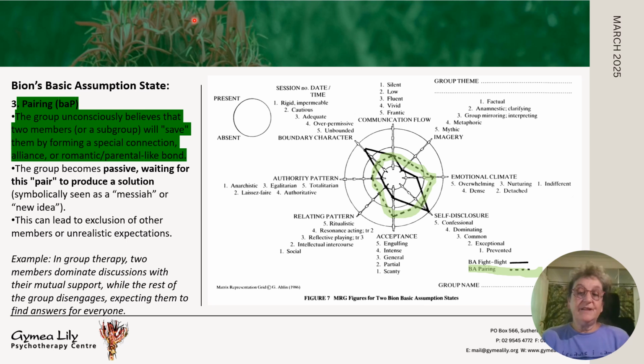So in therapy or in organizations, recognizing and addressing these basic assumption states helps your group return to effective functioning, to being a working group. You don't want them to be in Bion's basic assumption states. It's a defense. You want them to be in the working group state. But the grid will show you where your group is, and that's why I like it so much.